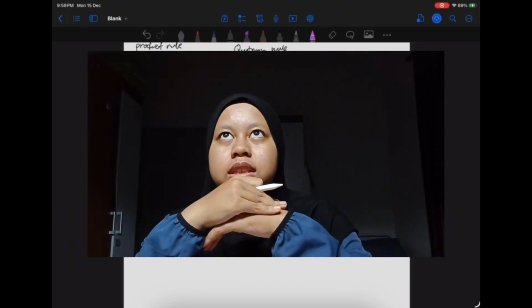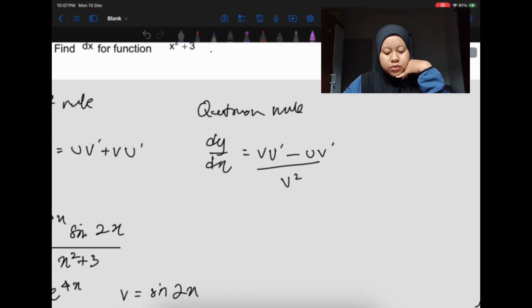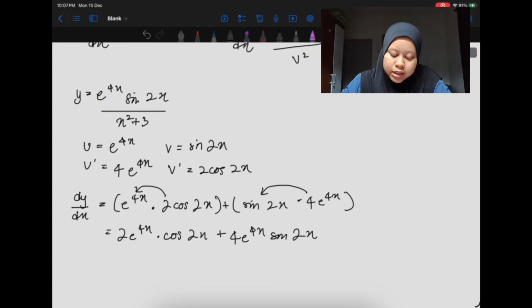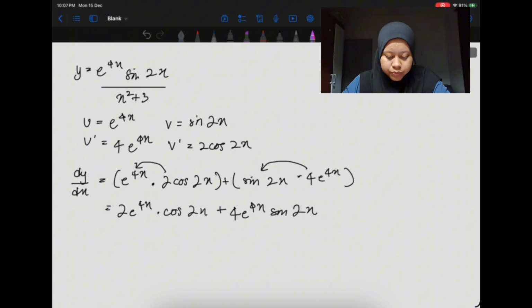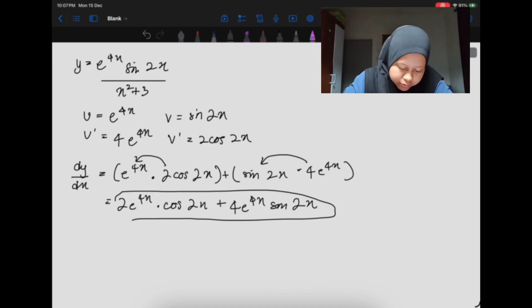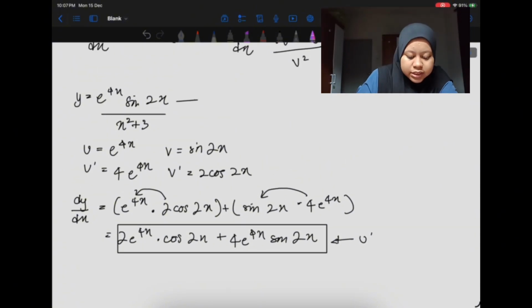Now using the second step, the quotient rule: dy/dx equals (vu' − uv') over v squared. From the product rule, as I said, I just differentiated the top one, the numerator, so that result is u', because this is u and this is v.